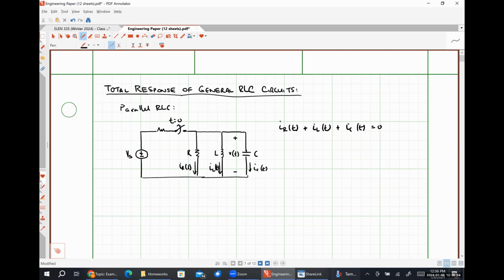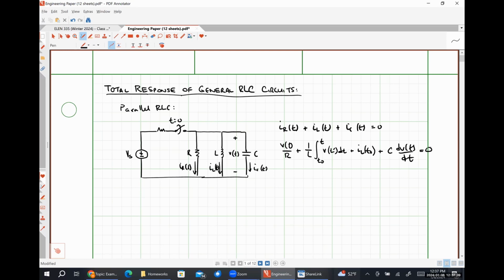Using the appropriate relationships, this would look like V over R plus 1 over L times the integral from t naught to t of V of t prime dt prime plus IL at t naught plus C dV by dt is equal to 0.